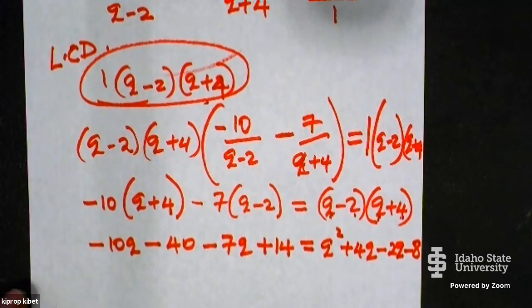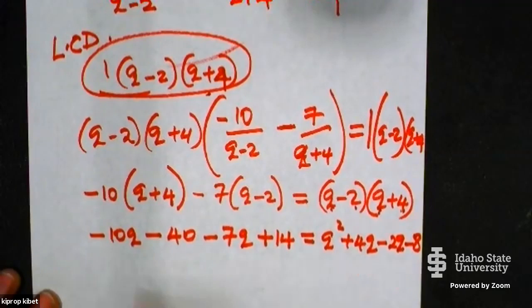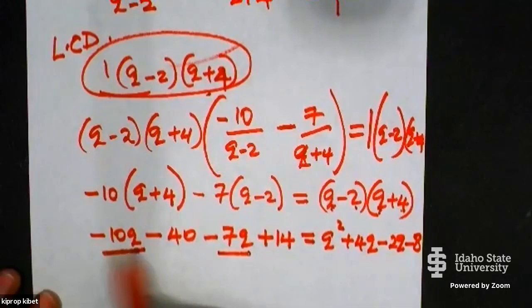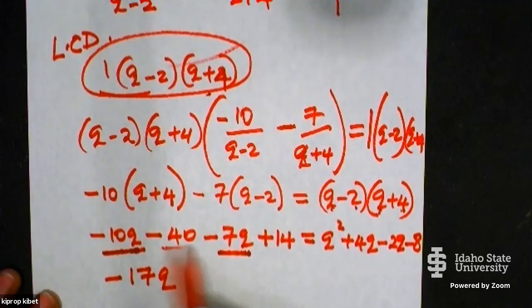Now, and then you simplify. So we have minus 10 there, minus 7 here. So minus 10 minus 7 is what? Minus 17. Minus 40 here plus 14, you get what? Minus 26, right?